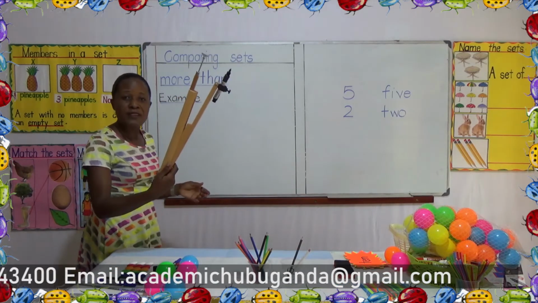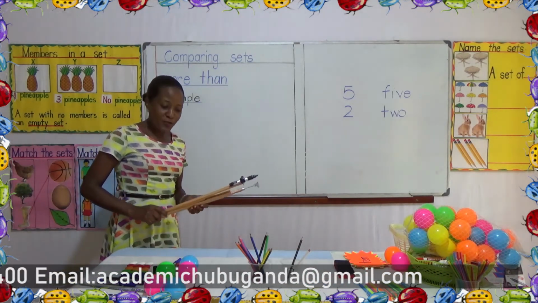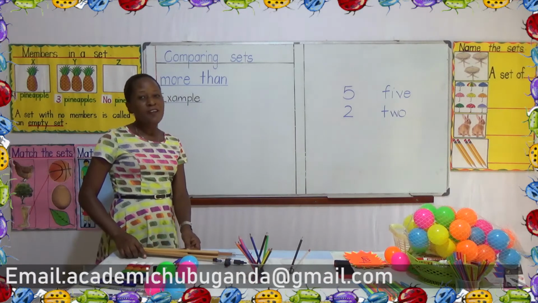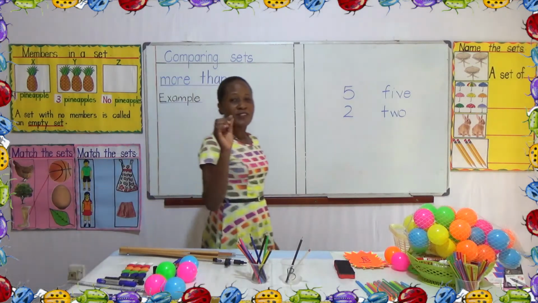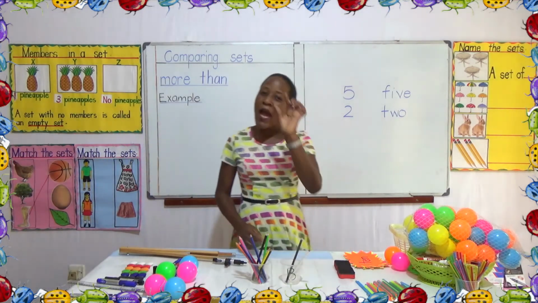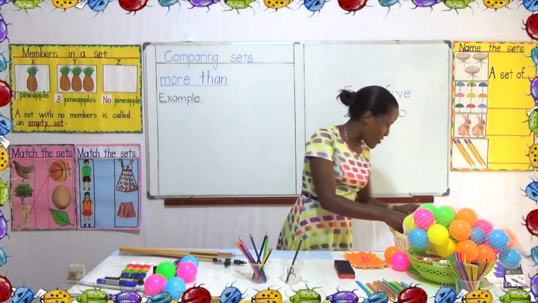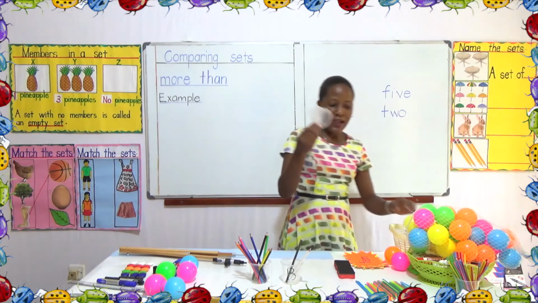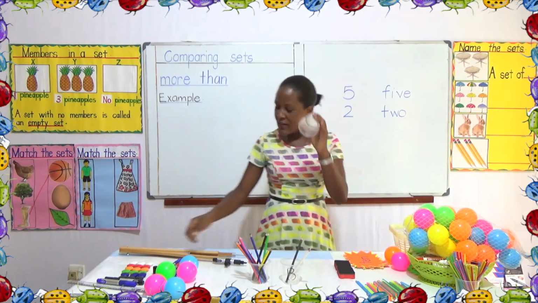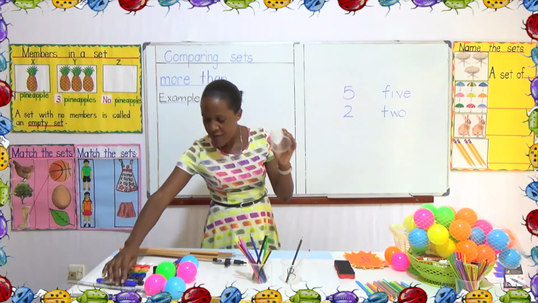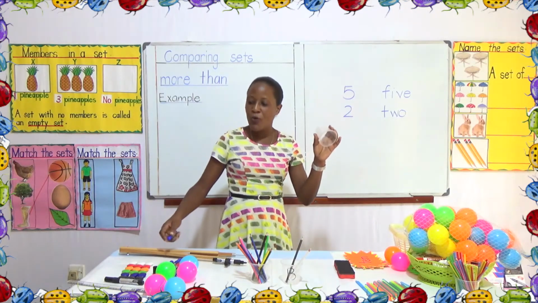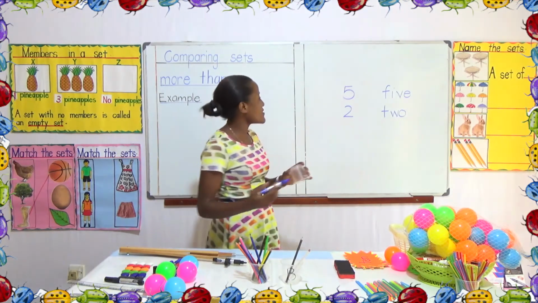This one is a compass. I am sure you don't have compasses because you're still young. But I will request you to get a round object. For example, I have a cup. This one can help me draw a very nice circle.